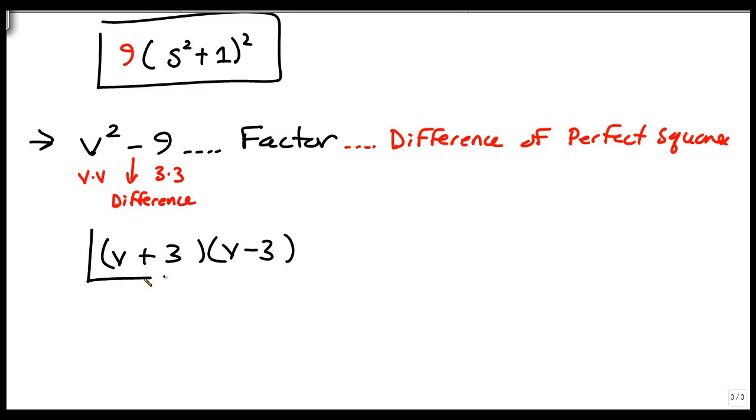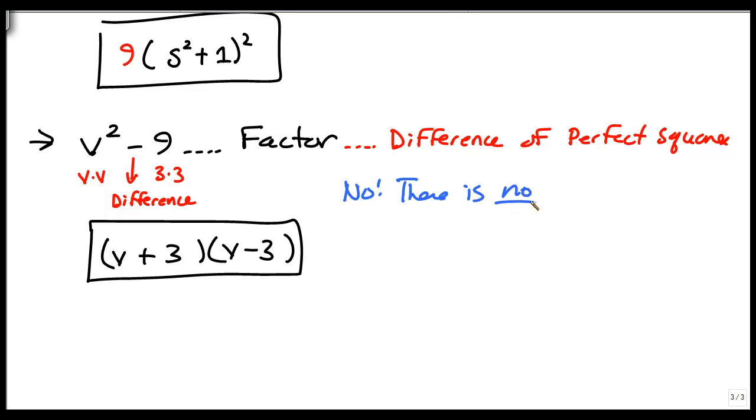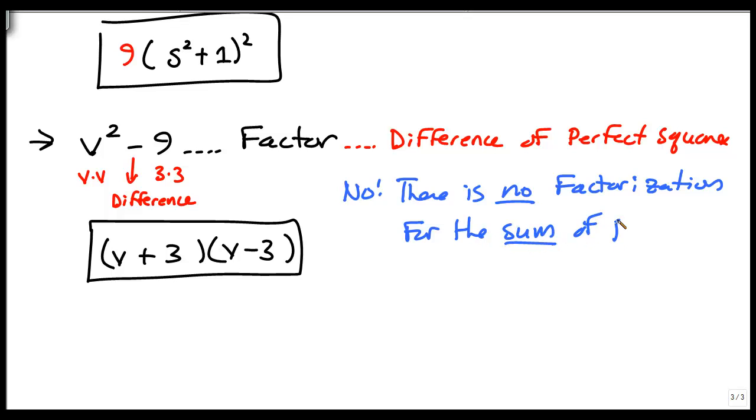Now as a quick note, there's no factorization for the sum of perfect squares. So a squared plus b squared is prime.